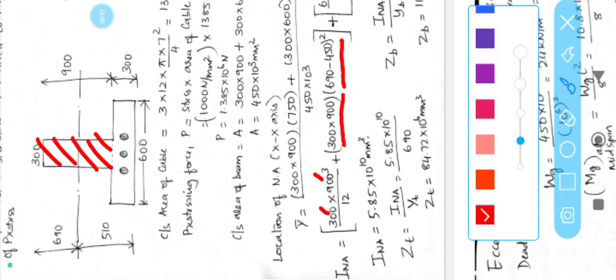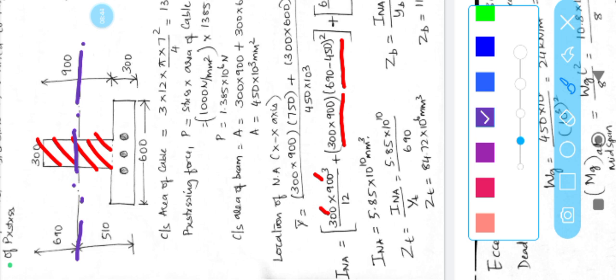It has already been shown that this is the centroidal axis of the flanged section. However, the centroidal axis of the rib portion is located here. Y bar is the distance between the centroidal axis and the centroid of the rib, and that is how this is 690.